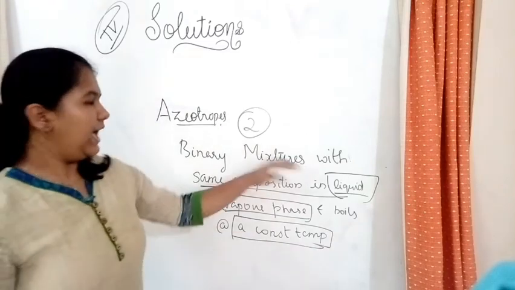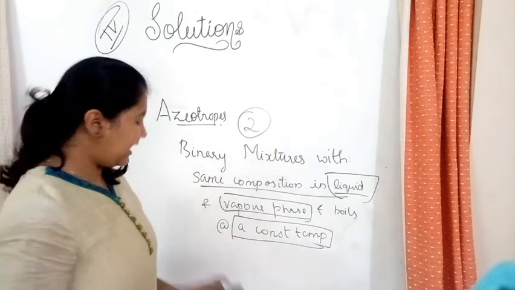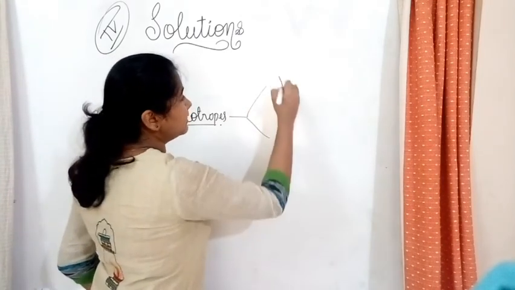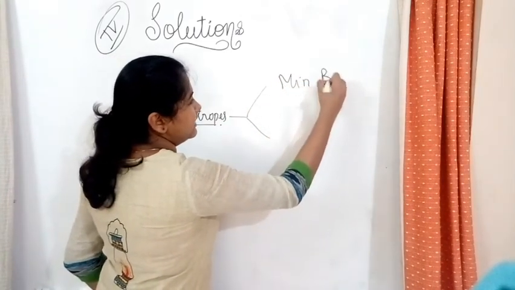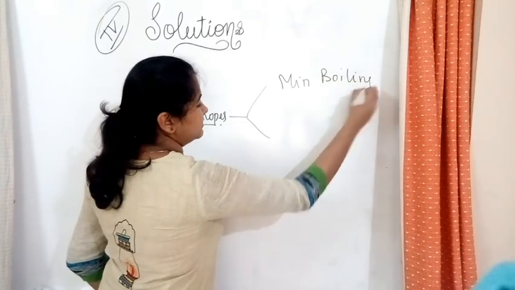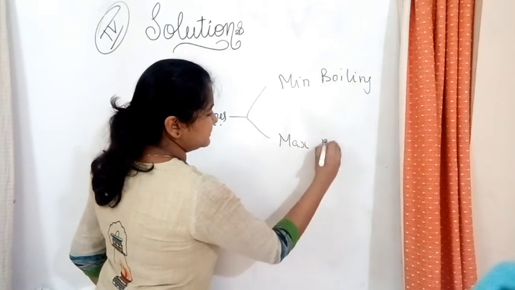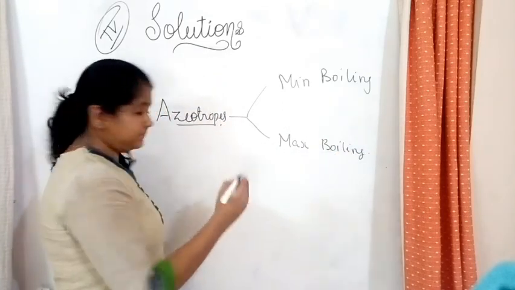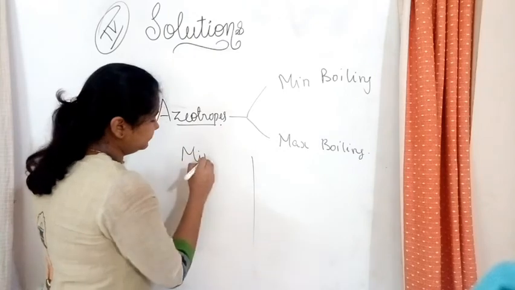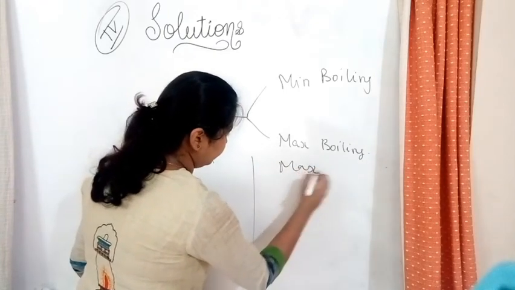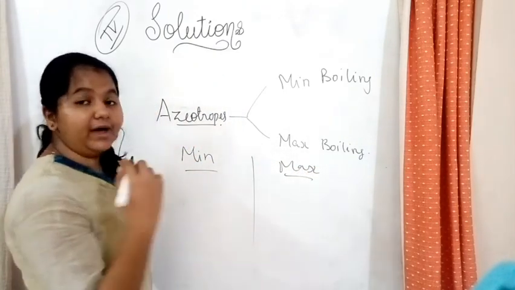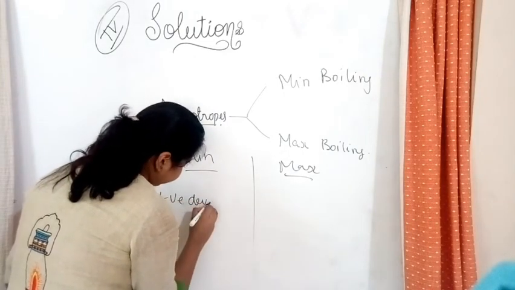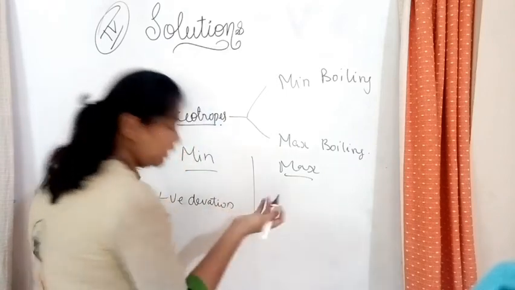And so to talk about azeotropes, we have two types of azeotropes. Okay? So there are two types: minimum boiling azeotropes and maximum boiling azeotropes. So let's see. This is minimum, this is maximum. So minimum boiling azeotropes are what? Due to the positive deviation. Okay?